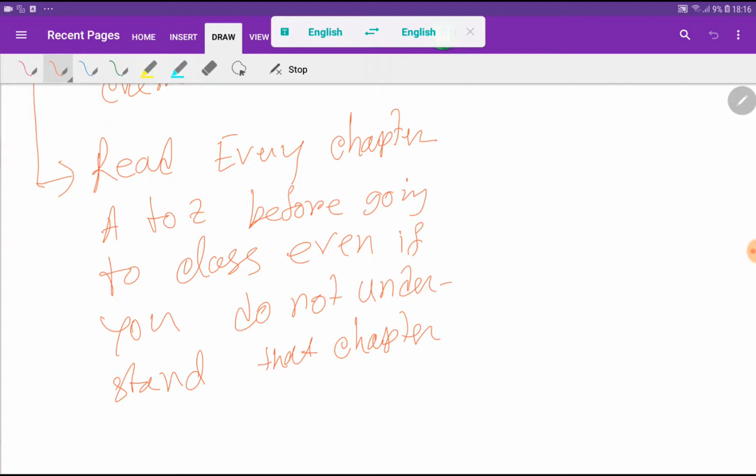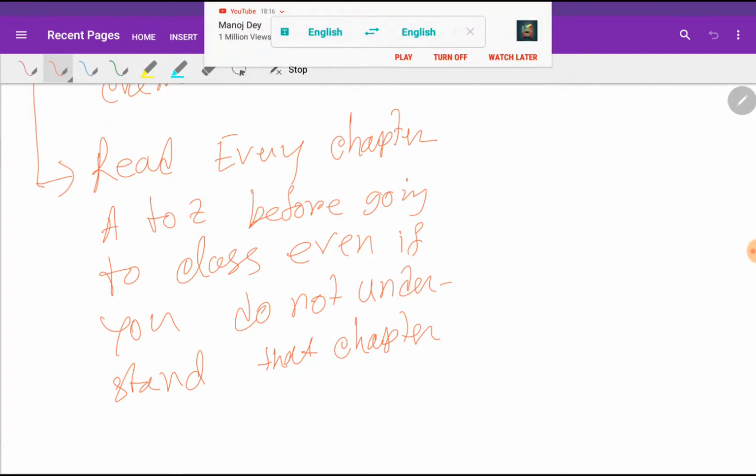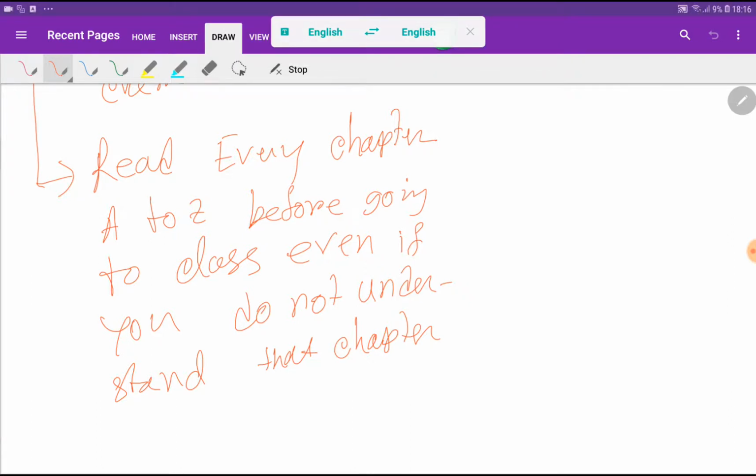So before starting your class related to chemistry, you have to read that particular chapter, A to Z, because this type of reading will create an image about that chapter, and when your teacher says something about that, then your brain will easily catch the principal point or basic point of that chapter.